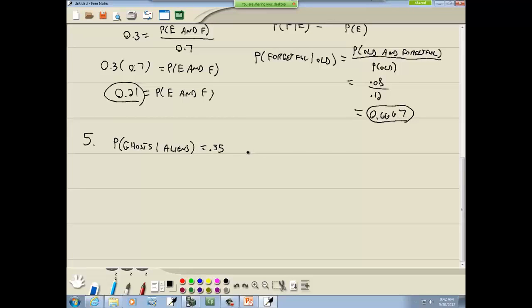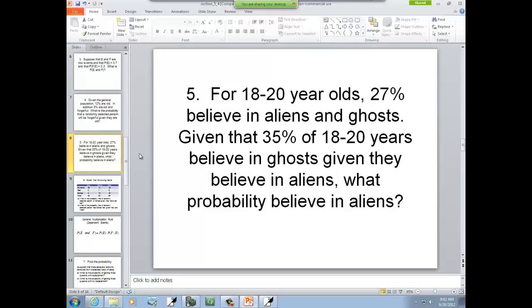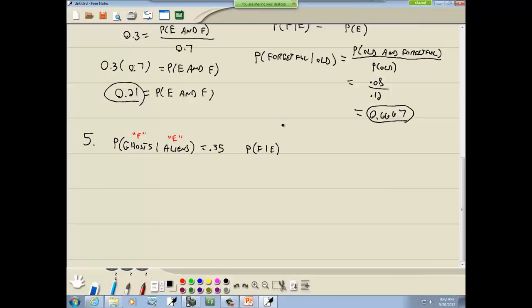Now this is going to match up against our formula, the probability of F given E. So ghosts is going to be our F, and aliens will be our E. Okay, see what else they give us. 27% believe in aliens and ghosts. So the probability of aliens and ghosts was 27%.